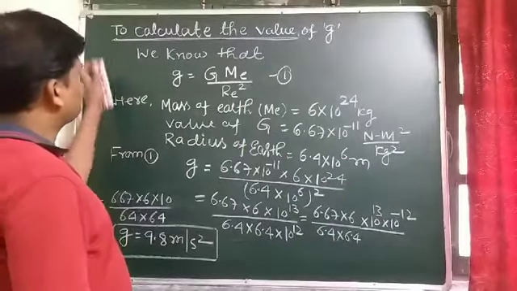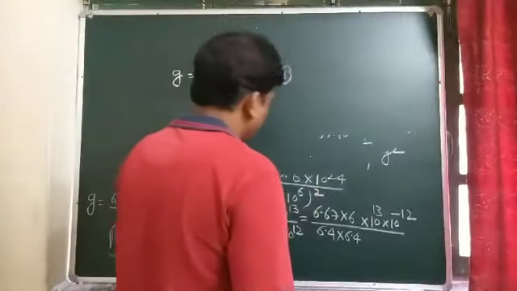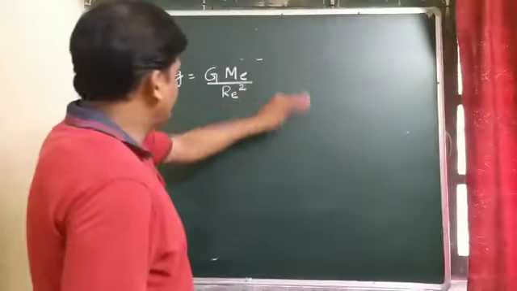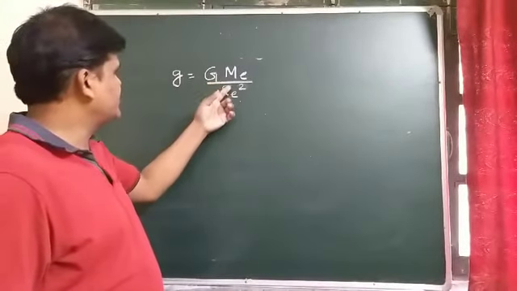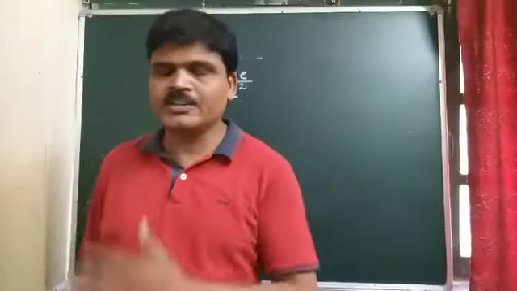And students, already I have explained to you the relation between small g and capital G, which is g equal to G M_e by R square.